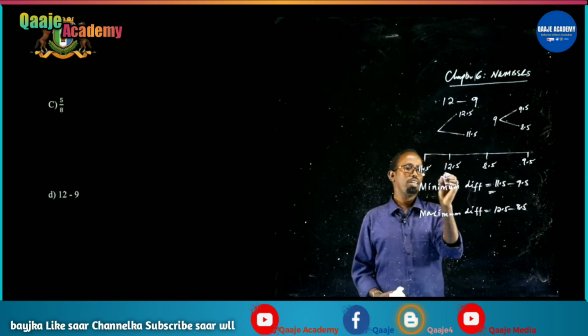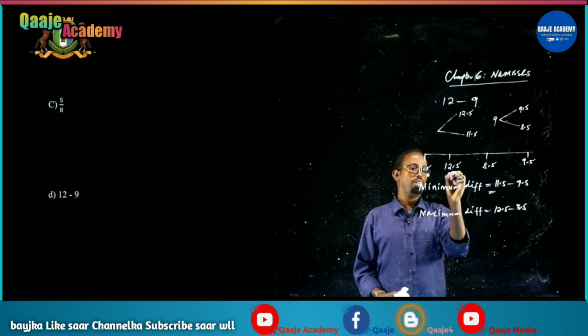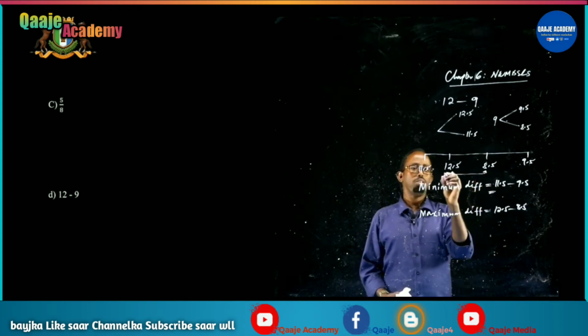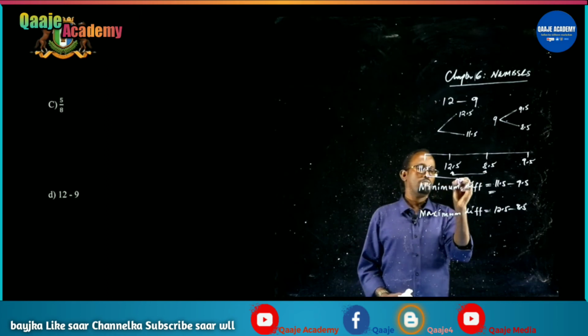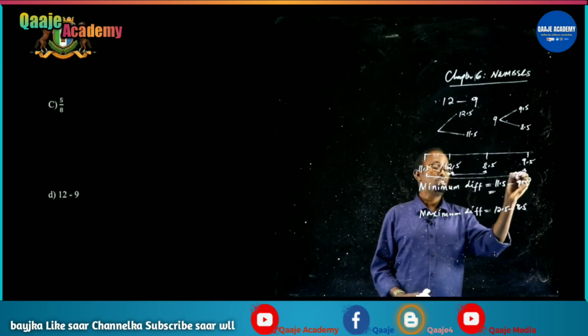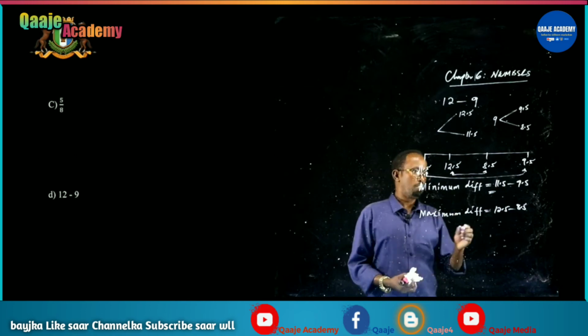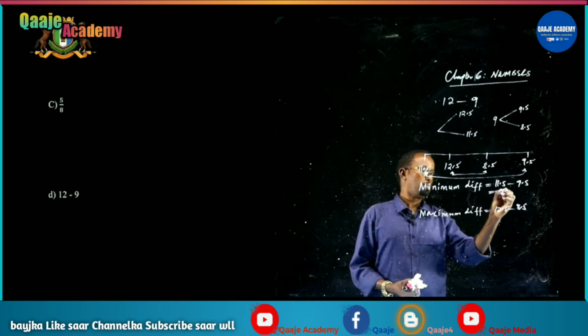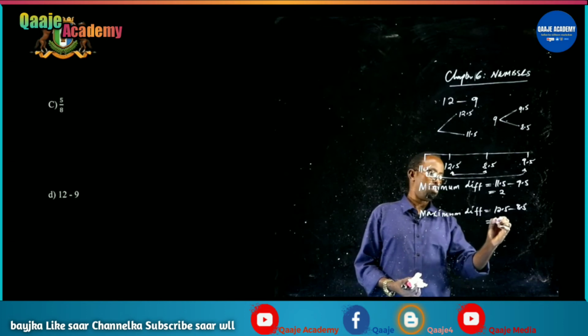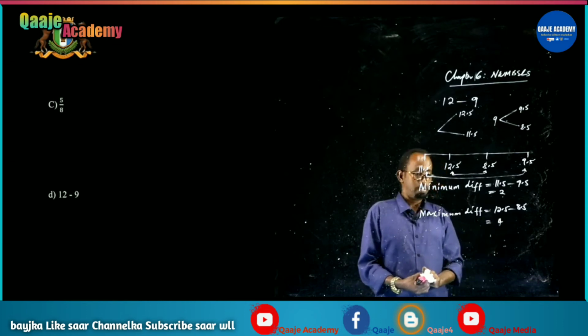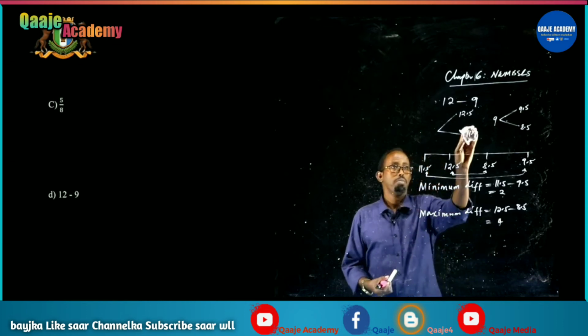So 11.5 minus 9.5, you get 2. And this one you get 4. So that is the maximum difference and the minimum difference.